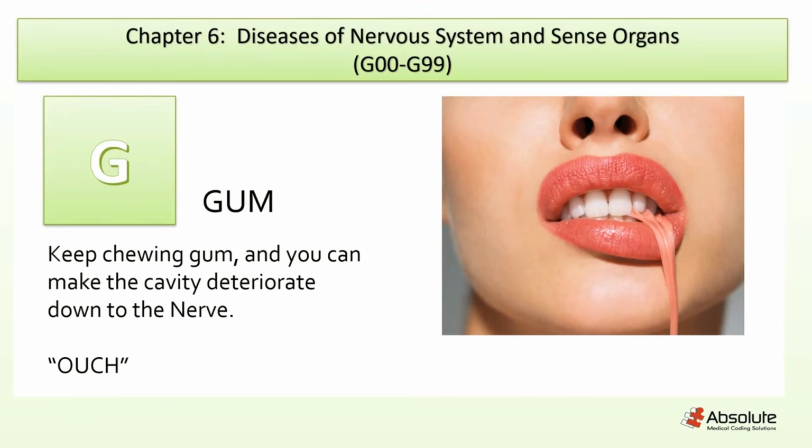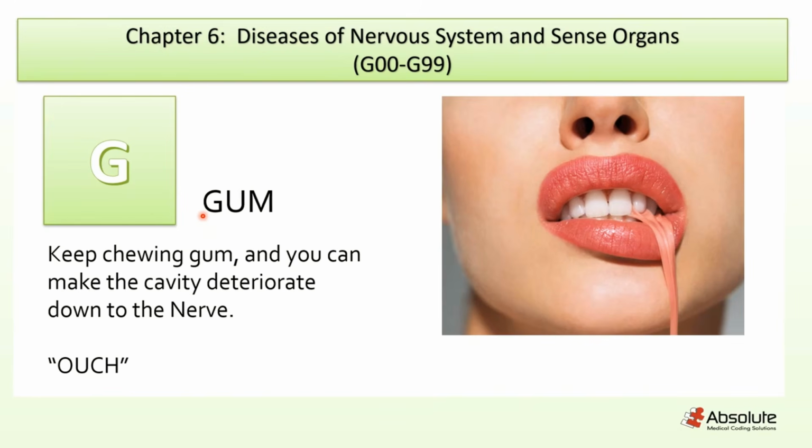Chapter 6, Diseases of the Nervous System and Sense Organs, G00 through G99. You will find diseases of the nervous system in Chapter 6 that begins with the letter G. And just like your nerve pain when you chew too much gum and nerve pain in your gum.